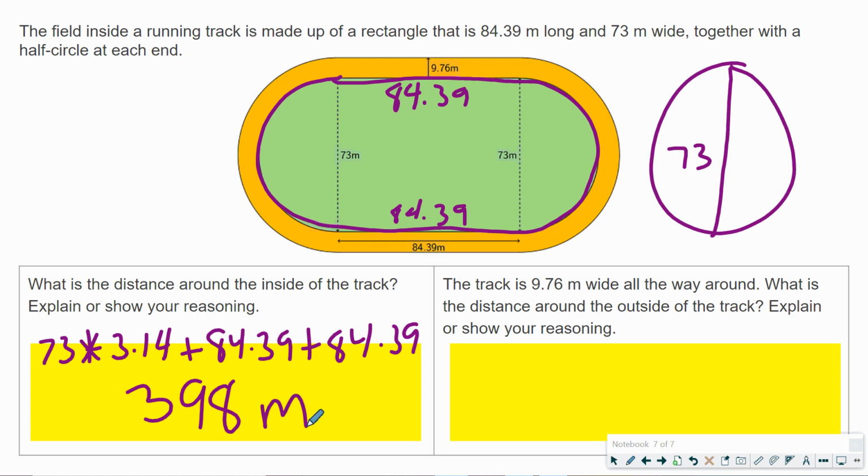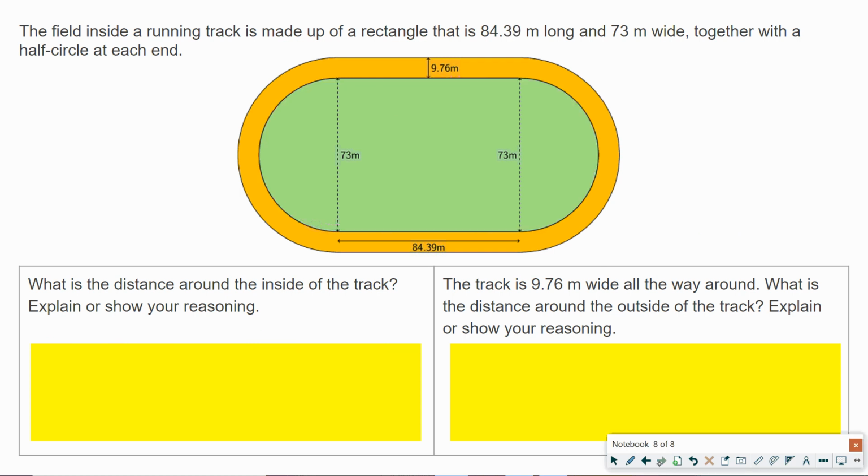All right, the track is 9.76 meters wide all the way around. What is the distance around the outside of the track? So this time I'm finding the distance around this part of the track.